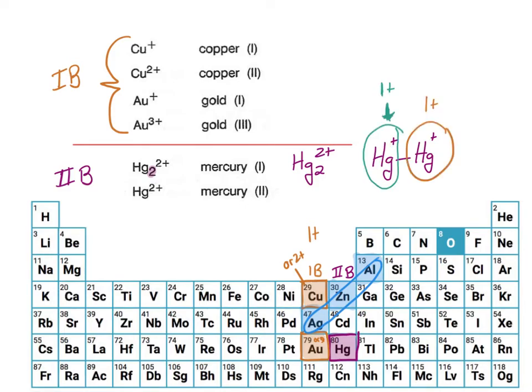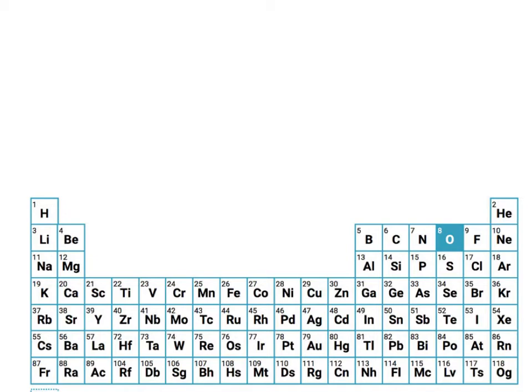We are calling it Mercury 1 because each of the atoms of mercury has a +1 charge. But they always come as a pair, so it is really written as Hg with a subscript 2 and a superscript 2+. Each one has a +1 charge. The total is 2+.